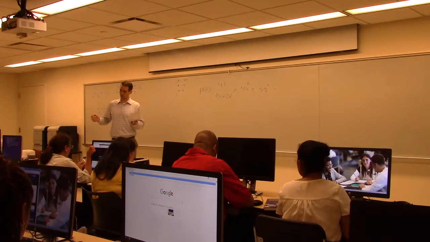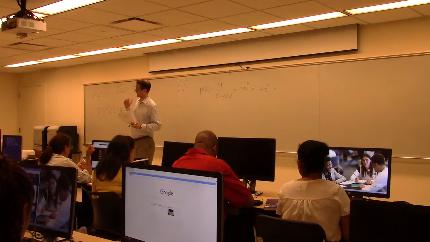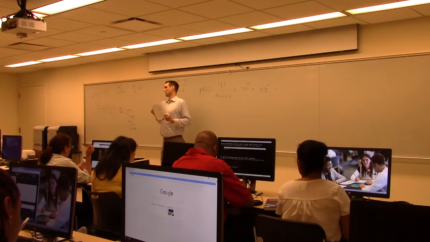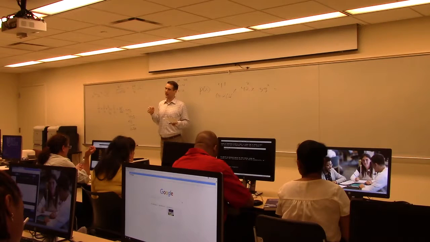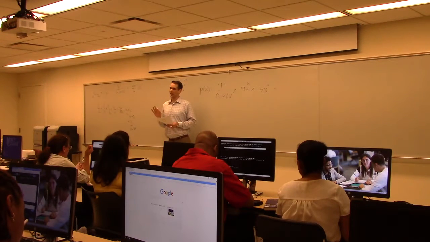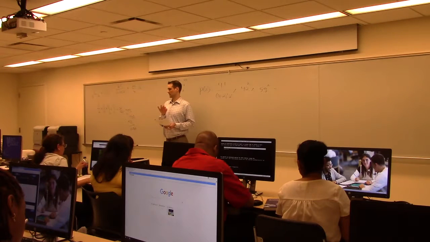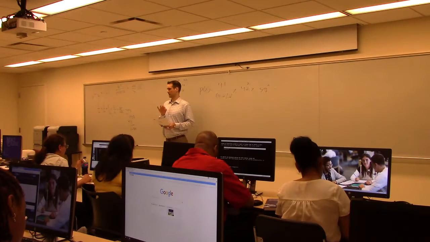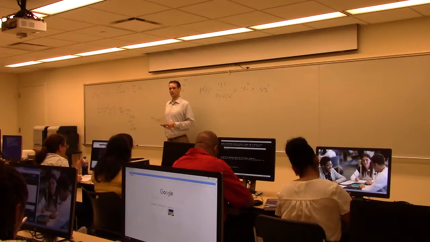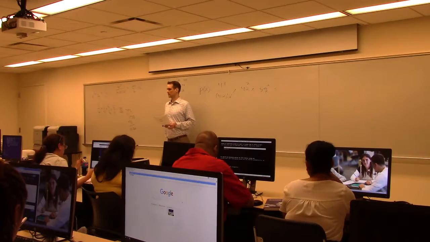So, all right, we've got 20, we're going to flip this coin 20 times. And each time there's a 50% chance it comes up heads. What's the probability of me getting exactly 8 heads? How do I solve this problem? Binomial. Yes.